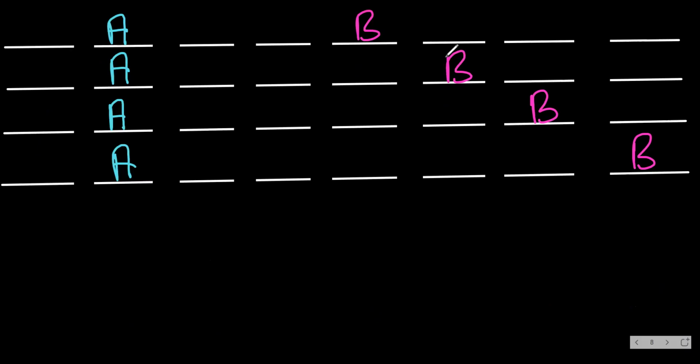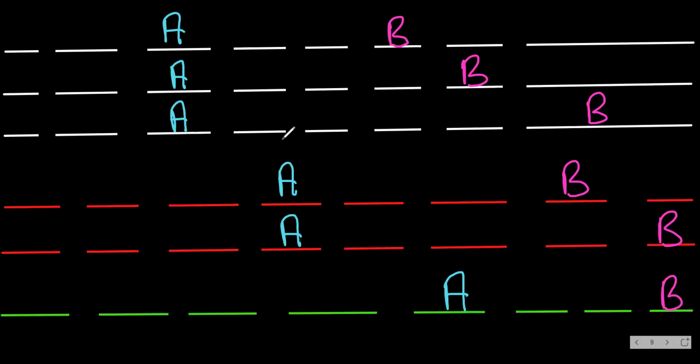In the second case, it's going to be 1, 2, 3, 4. It will be 4 times 6 factorial. In the next case, we're going to have 3 of them. So it's going to be 3 times 6 factorial. And here, we're going to have 2 times 6 factorial. And lastly, we're going to have 1 times 6 factorial.